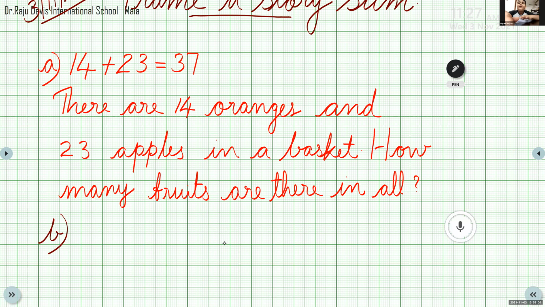What you have to do for this? You have to frame a question. So start with "There are," and you can choose your own things for making this question. You can choose your own objects or favorite things: animals, toffees, or something like that.